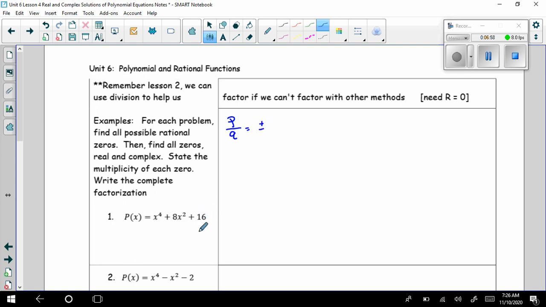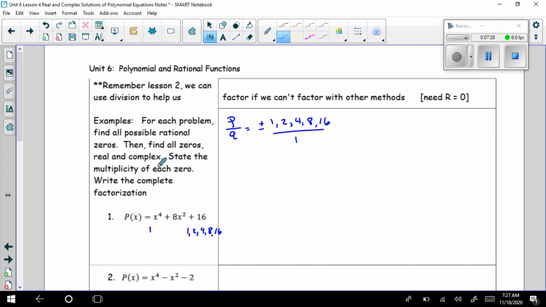My factors of p are 1, 2, 4, 8, and 16. Q is just 1. And so we have plus or minus 1, 2, 4, 8, and 16. Since those are all just over 1, my list of possible rational zeros is essentially just my p list.